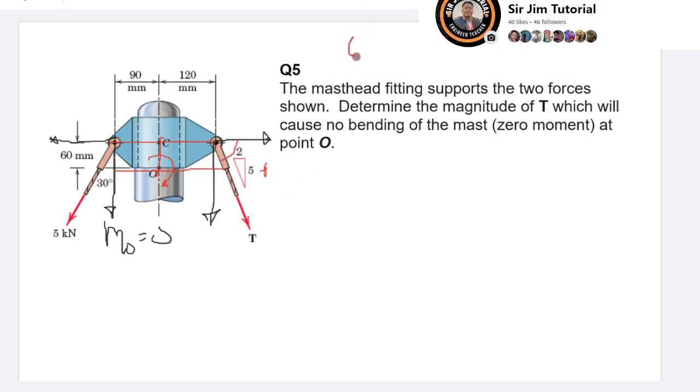That angle is just the inverse tangent of 5/2. Actually, you can work with the slope, but some of you could have difficulty in doing such calculation. So you have here 68.2 is this angle. So this is theta. So moment here at O is equal to 0.